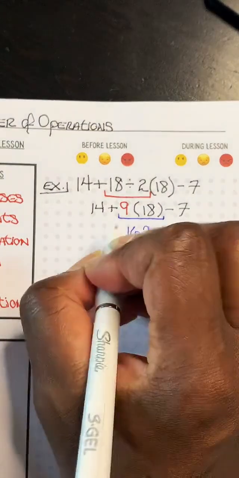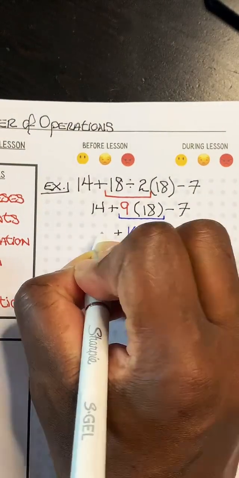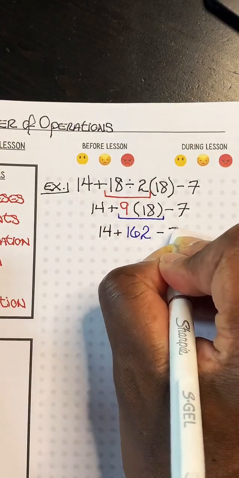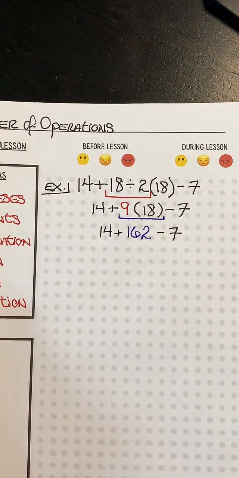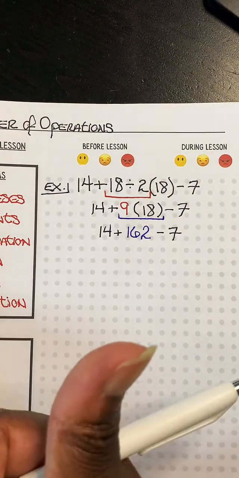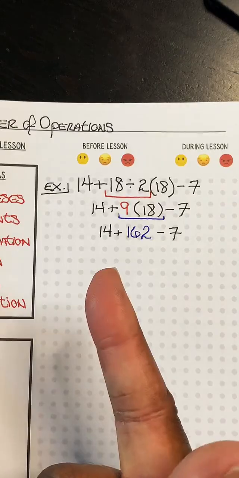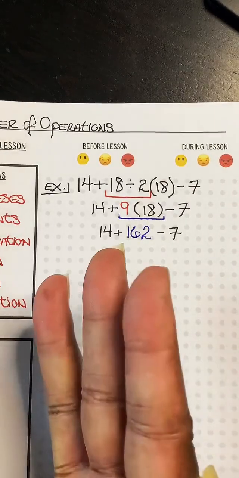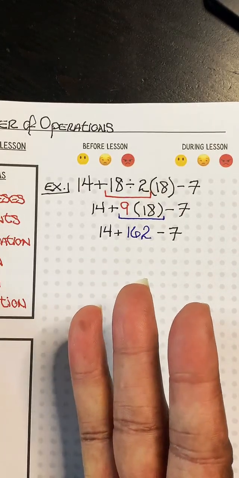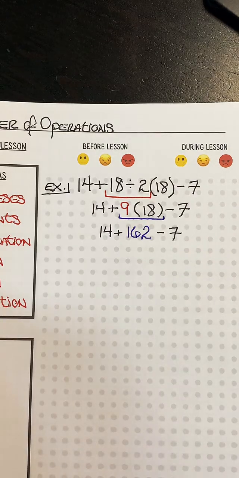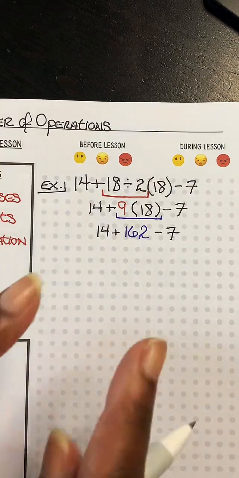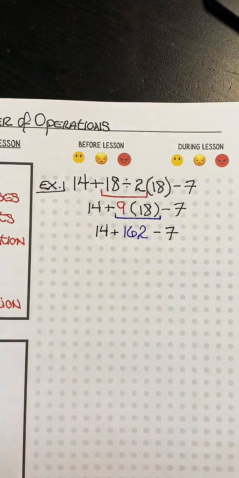Then we bring down the plus. We bring down the 14, we bring down the minus 7. Okay? So now, we took care of the parentheses, we took care of the exponents, we took care of multiplying and dividing from left to right. Now we got to do the addition and subtraction from left to right.